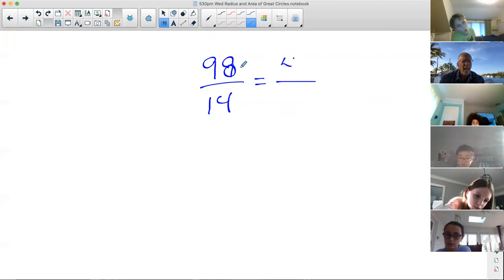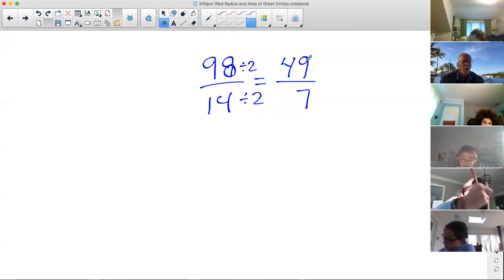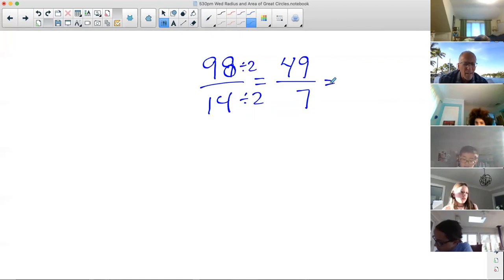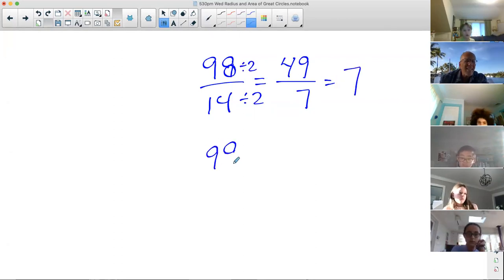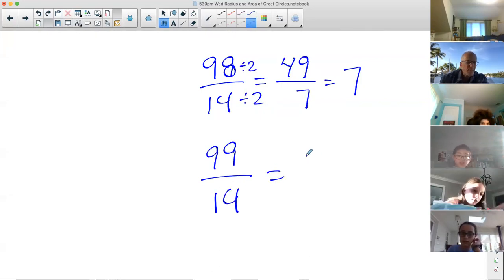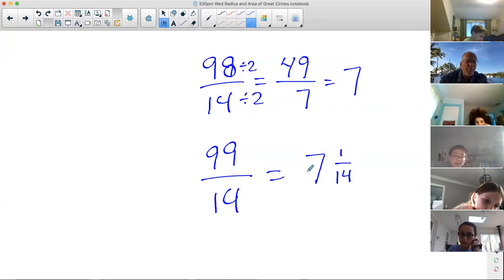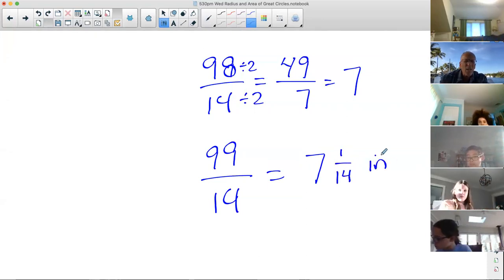What's half of 98? 49. 49 over 7. What is 49 divided by 7? 7. Therefore, 99/14 is 7 and 1/14 square inches.